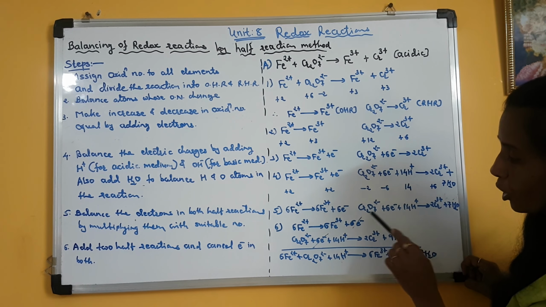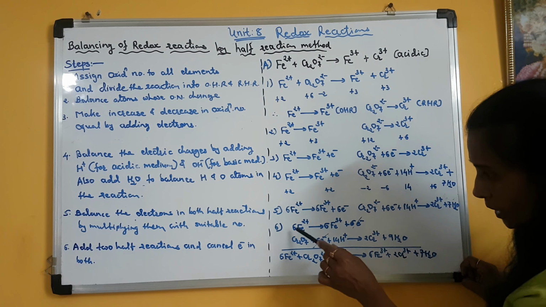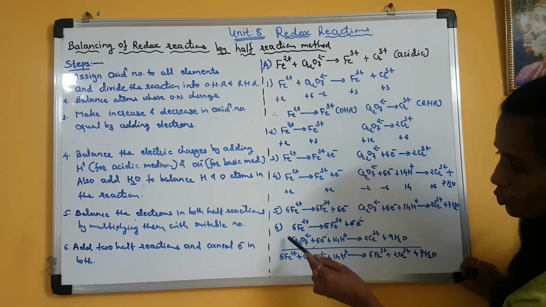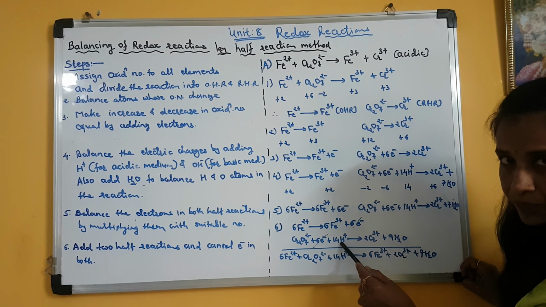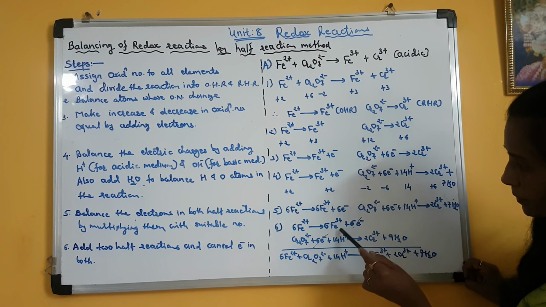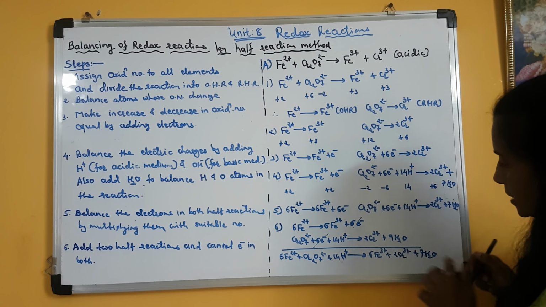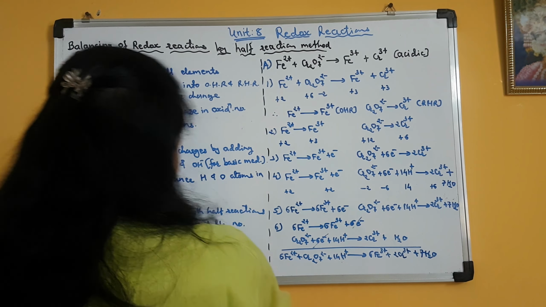So they are on the opposite side of the equation, so they get cancelled. Now whatever is left, that I will write like this: 6Fe2+ + Cr2O7 2- + 14H+, then arrow, then 6Fe3+ + 2Cr3+, and here it is 7H2O. Clear? So 7H2O is left.